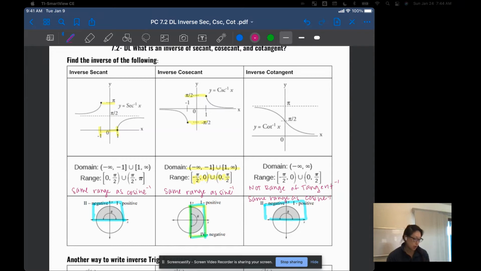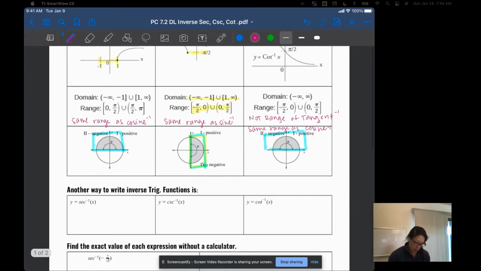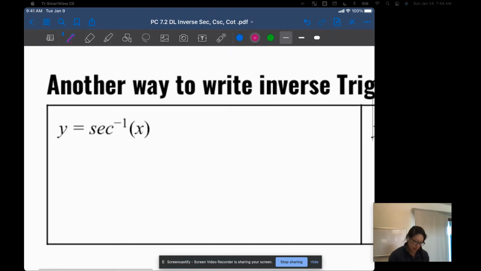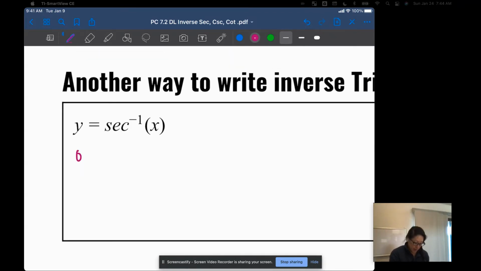cotangent angles. All right, so another way to write our inverse trig is y is theta. We're solving for an angle, and then we're taking the secant inverse of x. We want to remember that we are solving for an angle, and this is the ratio of sides using the r over the x length of our triangle.